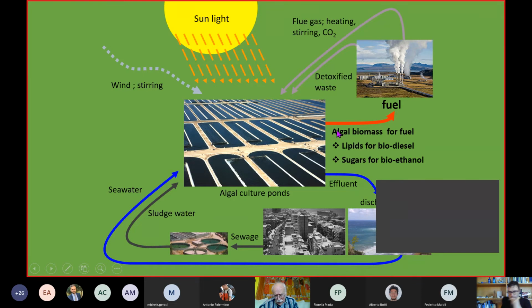And by such systems, here the algal culture circulates, and you can harvest them in that case for fuel, lipids for biodiesel, and sugars for fermentation to bioethanol.